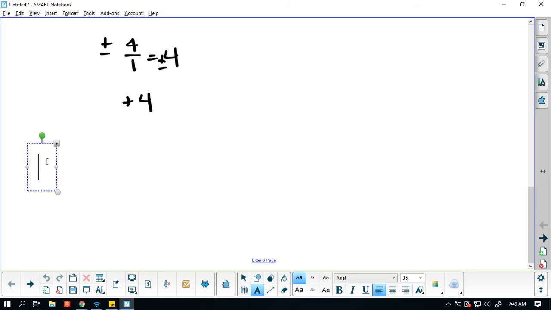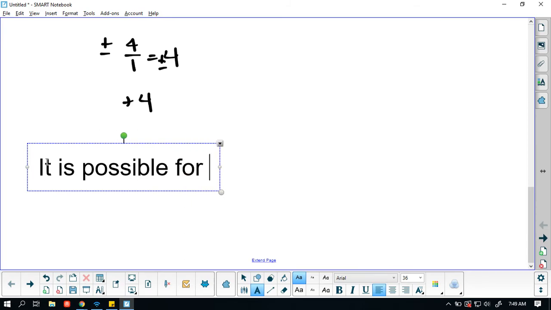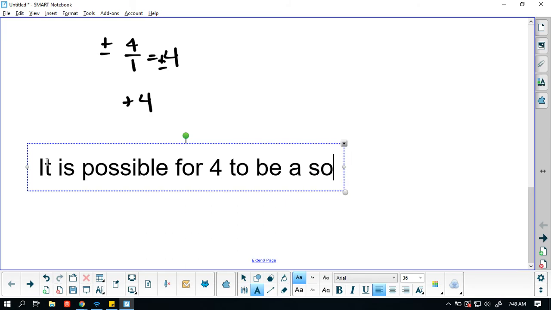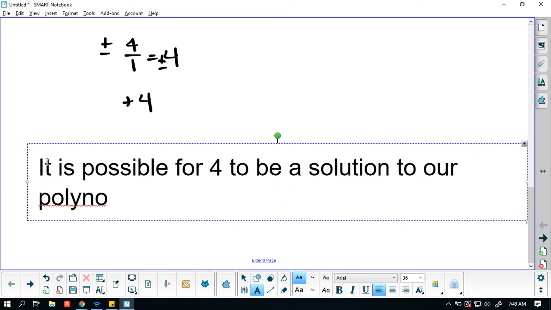So yes, I'm going to type this one out. Actually, let's do this as a sentence. It is possible for 4 to be a solution to our polynomial p of x.